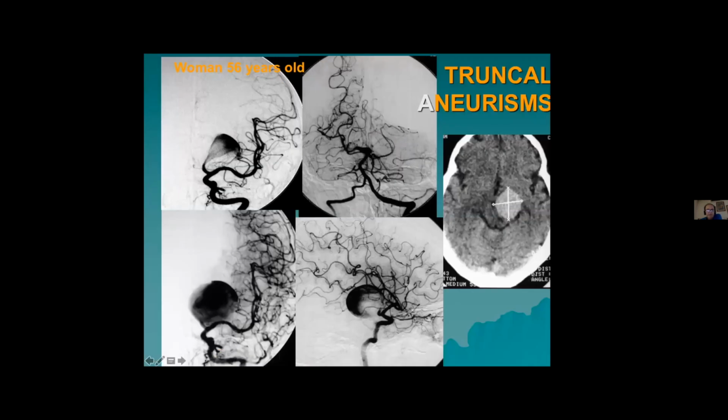This is the first example, the posterior communicant and basilar junction aneurysm, giant. This is the posterior cerebral artery and occipital artery, AP view. I decided on test occlusion with coiling.